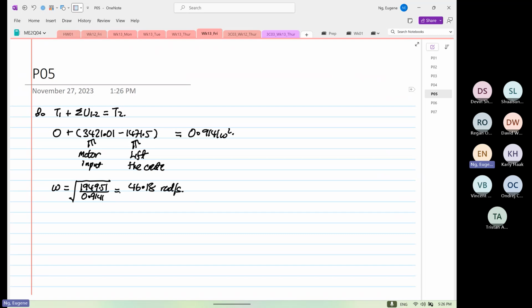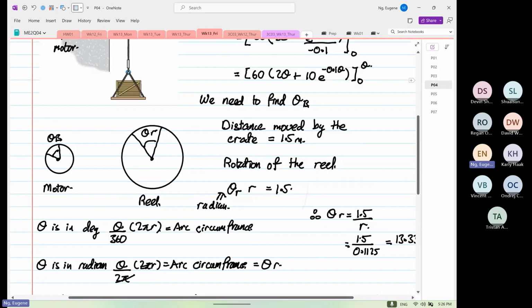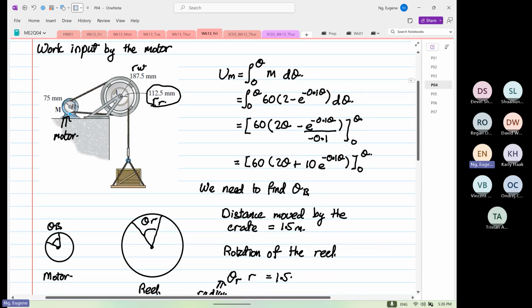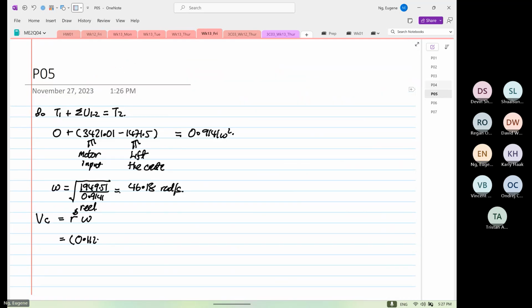Okay. And then finally, the velocity of the crate is equal to r omega, and the radius is for the what? For the reel. Okay, so for the reel, the radius we're going to use is 0.1125.